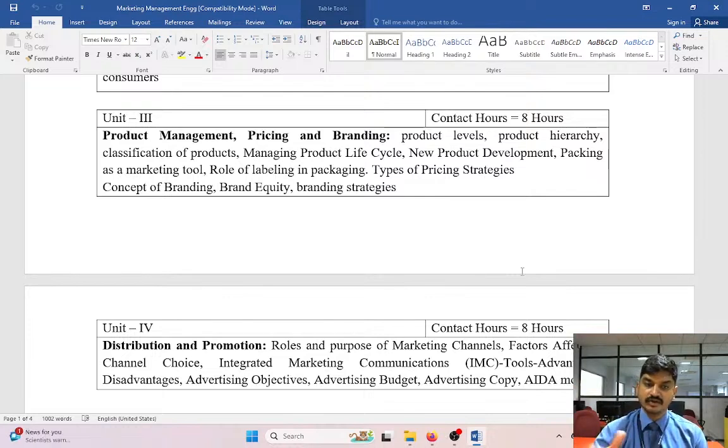So every product or a service has certain life cycle. So in this particular unit, we shall discuss about the different phases through which a product passes and the different strategies that an organization adopts to revamp or revitalize those products and services. Here we shall also discuss about concepts pertaining to packaging and labeling that contribute to branding of the products and services.